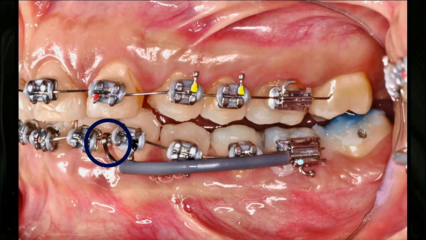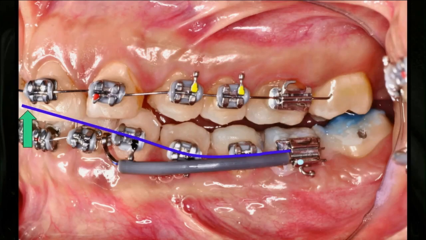In those very deep curves of Spee, we can have the canines with the crowns tipping back, and that can bring the incisors to a more occlusal position and maybe cause some round tripping during leveling. So we believe that when you put this cantilever in, it will also keep the incisors from going occlusally too much.